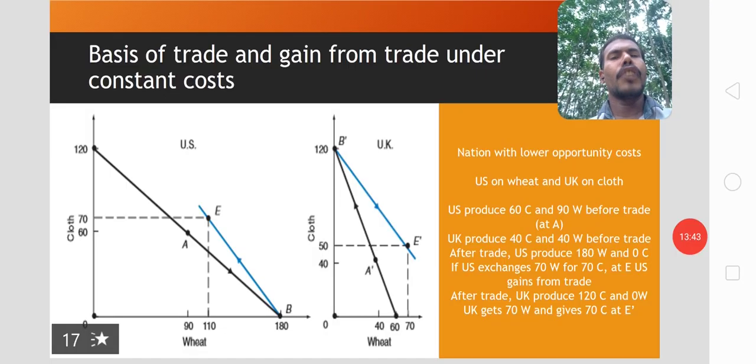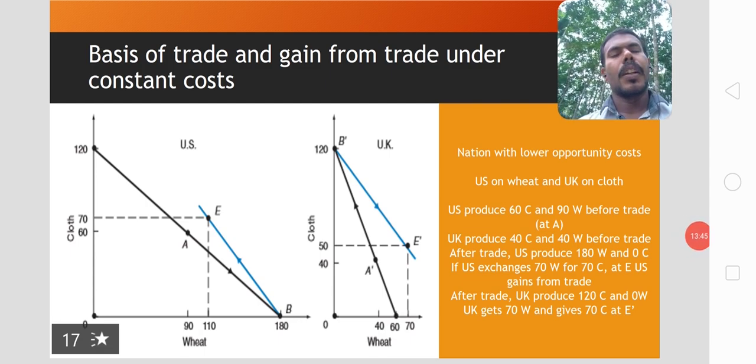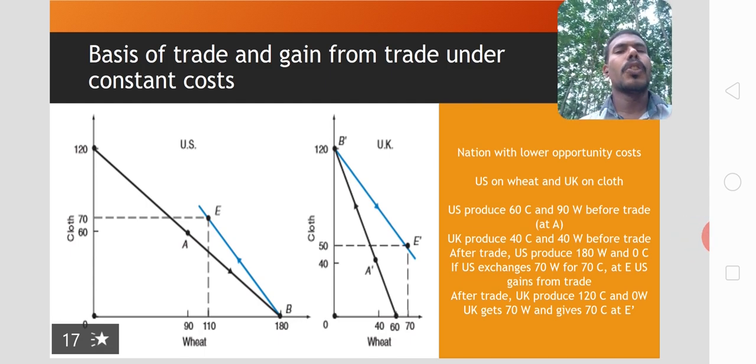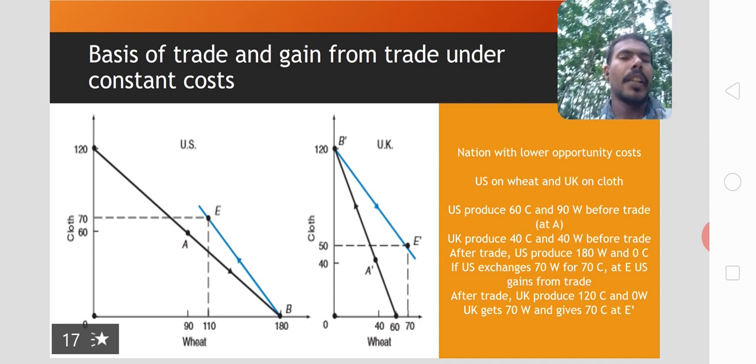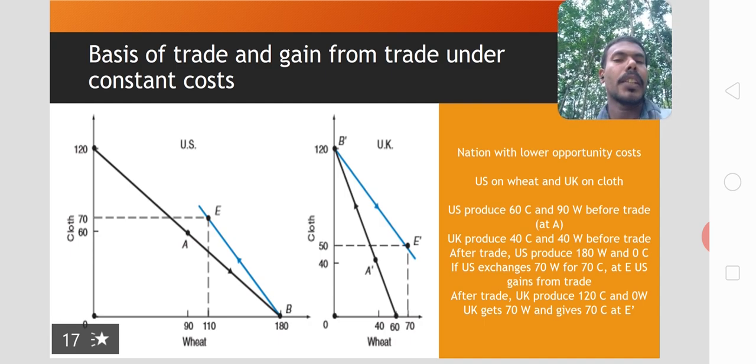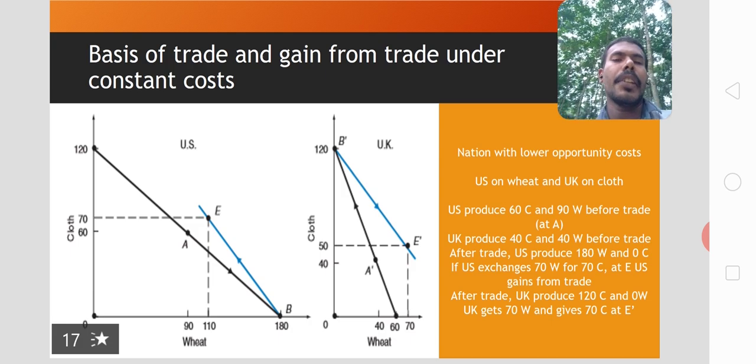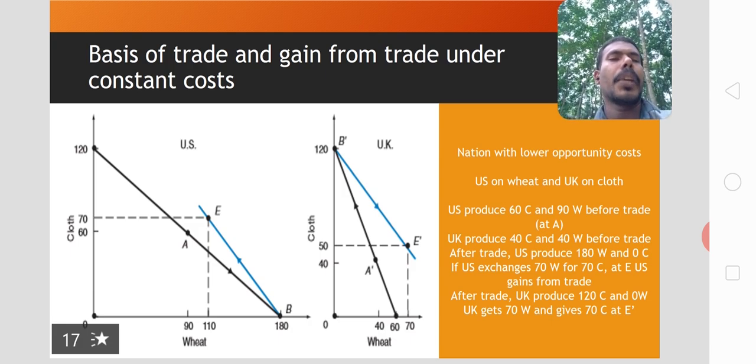After specialization, 180 units of wheat were produced by the US, but they need only 110 units of wheat. The remaining 70 will be exported to the United Kingdom.